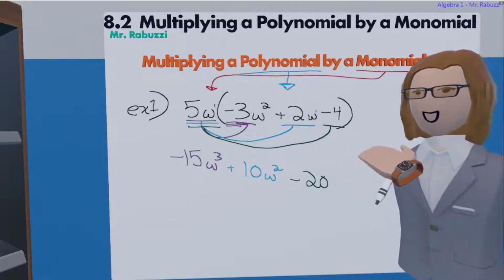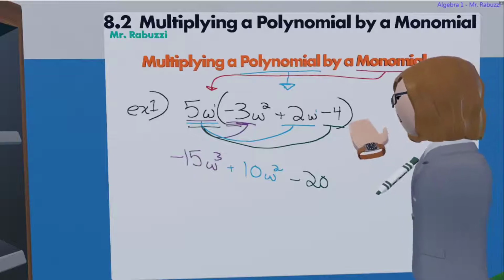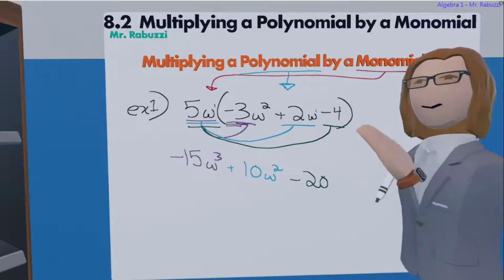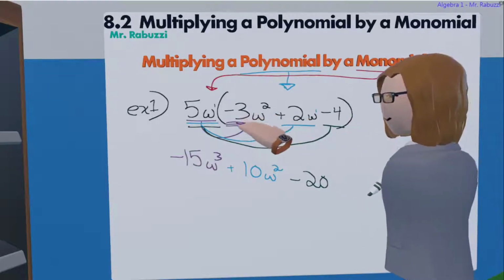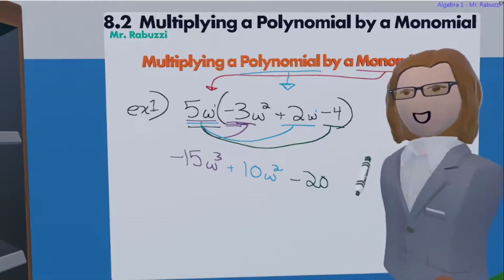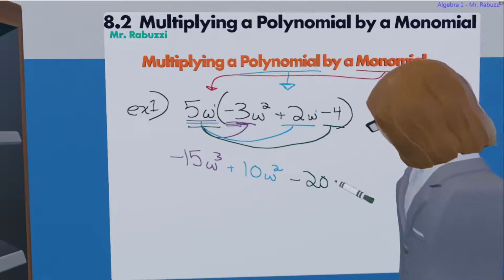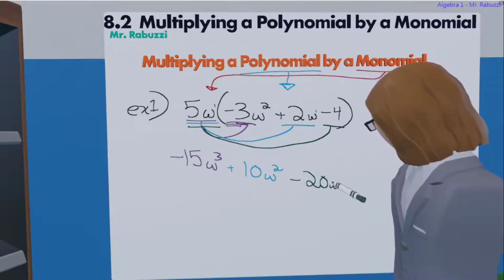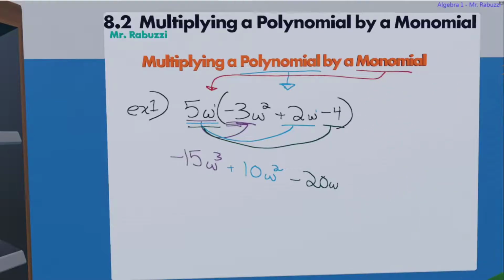We know that. Not a 0. So 5w times 1, it's going to stay as w. Okay, so negative 20w. You could put the 1 up there if you needed to, but okay.